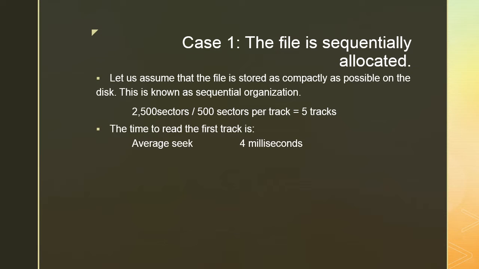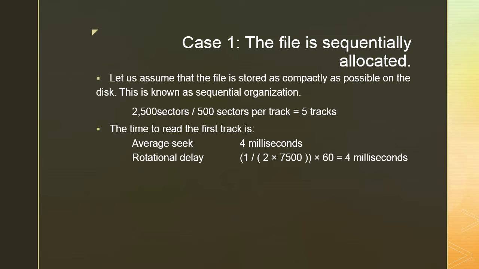Average seek is 4 milliseconds. Next will be rotational delay, which will be 4 milliseconds. We have used the formula 1 upon twice of R. R was in revolutions per minute, so we have changed it into revolutions per second by dividing it by 60.